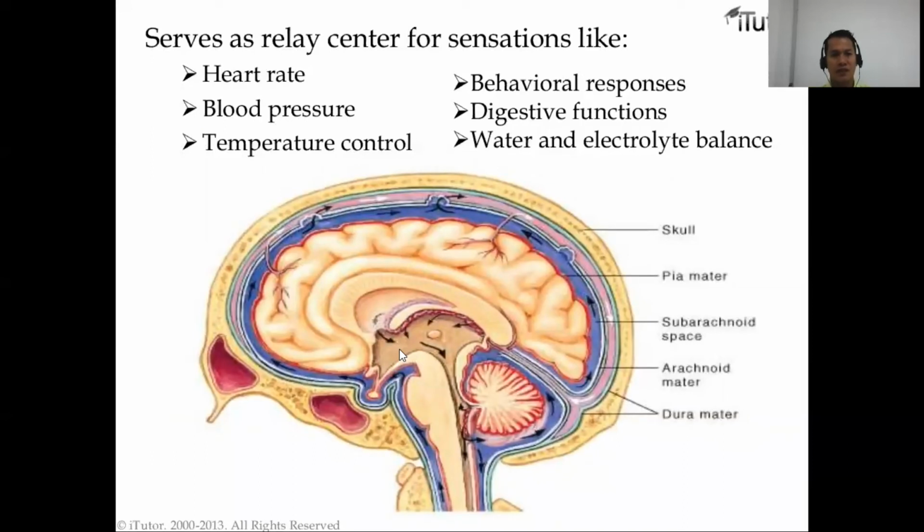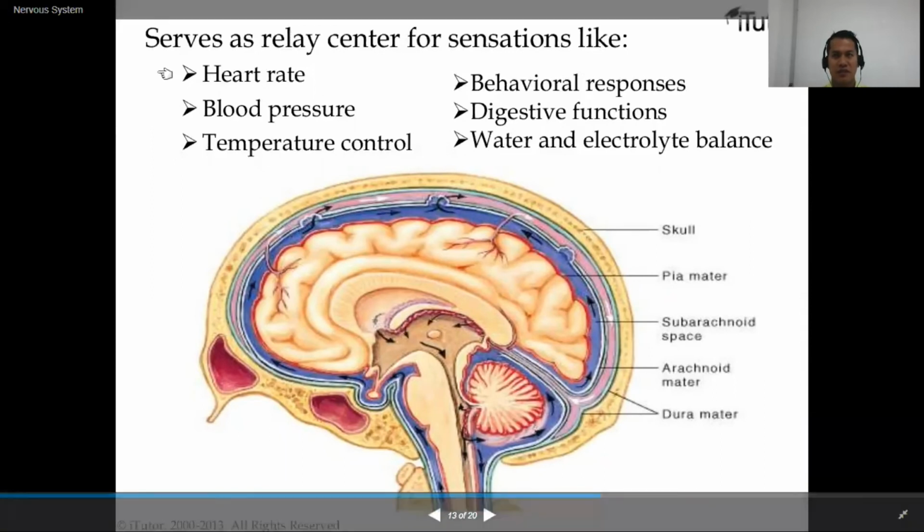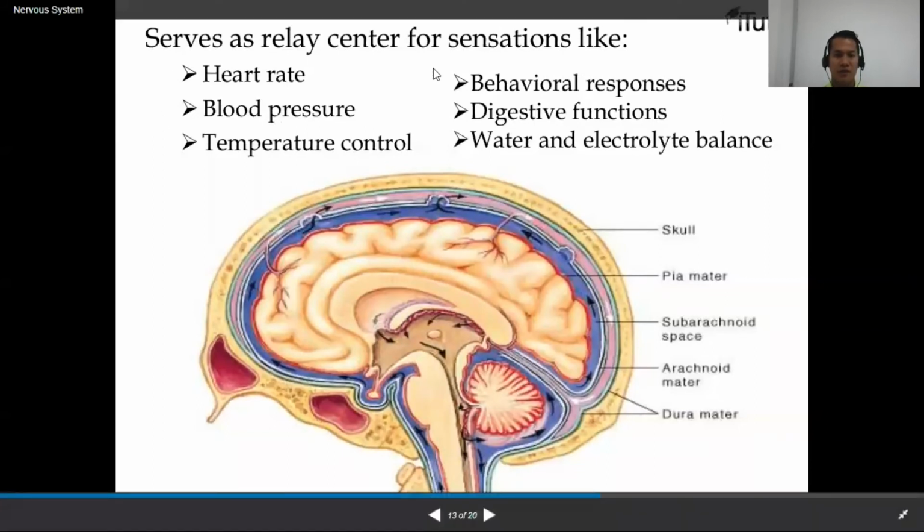it serves as a relay center for sensations like heart rate. Okay, if you remember our discussion in the cardiovascular system, they are involuntary. It's because the brain is pre-programmed for that. Heart rate, blood pressure, temperature control, behavioral responses, digestive function.